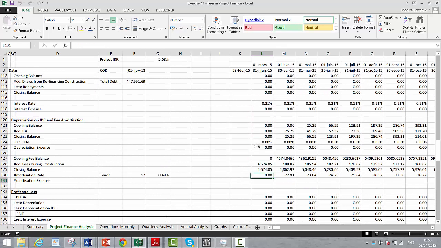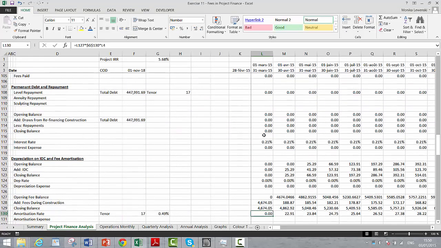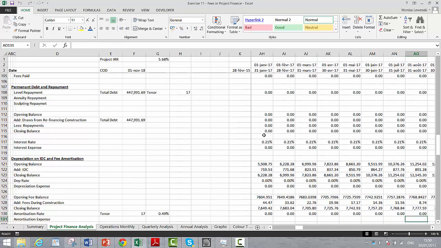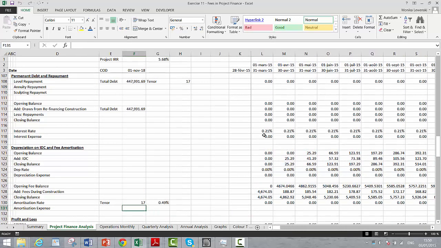Okay, and so let's just multiply this one by the debt repayment switch. Now, if you divided it by 5 and had a shorter amortization period, what I often do is, and we can put accumulated amortization.